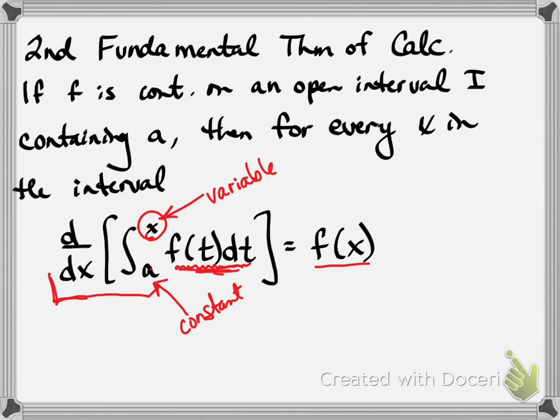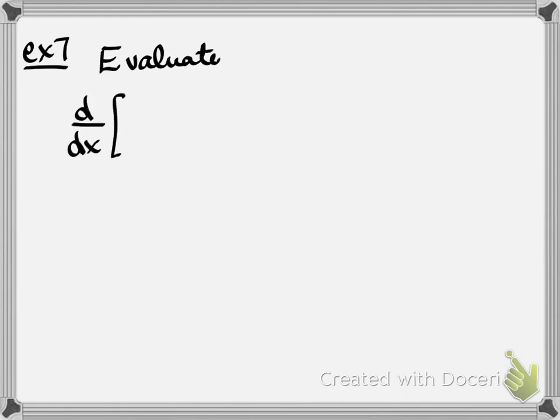So I'm actually going to do example 7 with you. So it says evaluate the derivative with respect to x of the integral from 0 to x of the square root of t squared plus 1 dt. Alrighty, so let's see what all's happening.